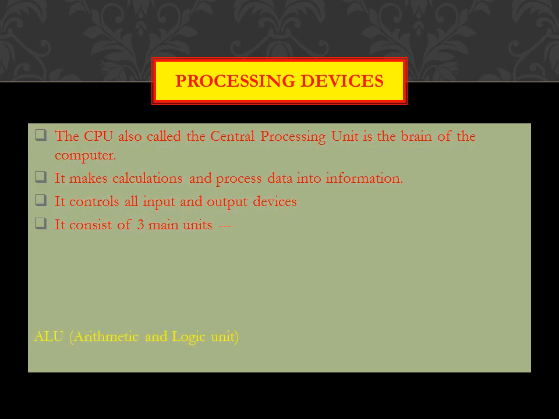The first important unit is ALU, which stands for Arithmetic and Logic Unit. The second is CU, Control Unit. And third is MU, Memory Unit. All these three units along with the CPU help us to process the data.